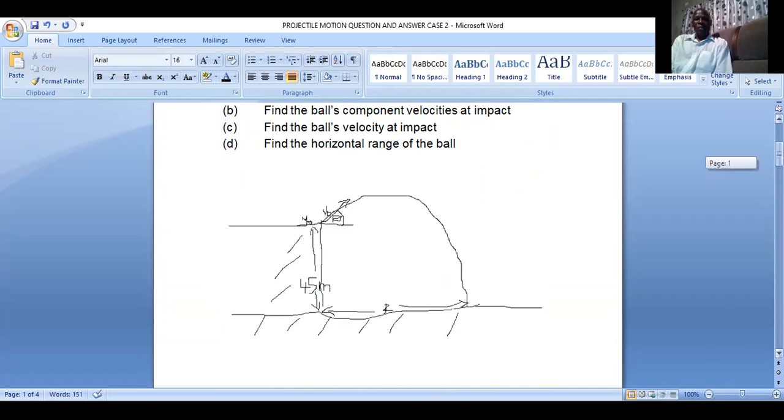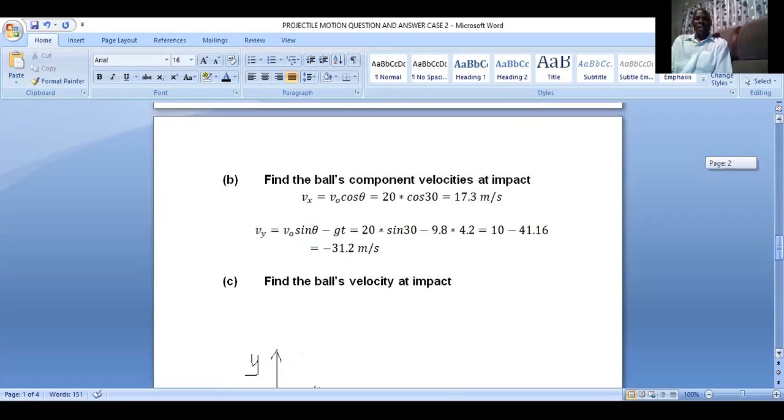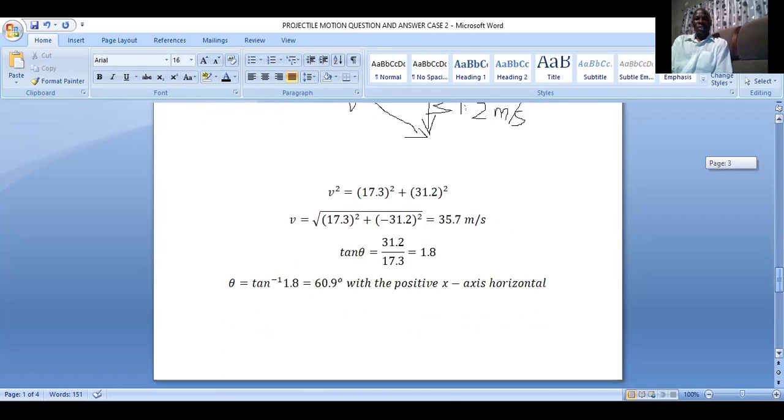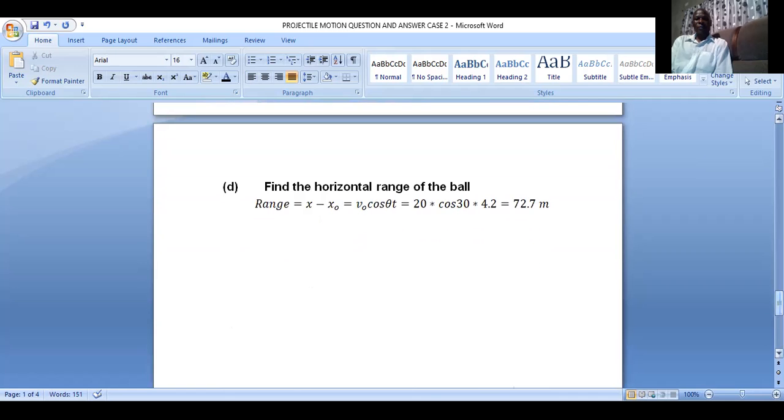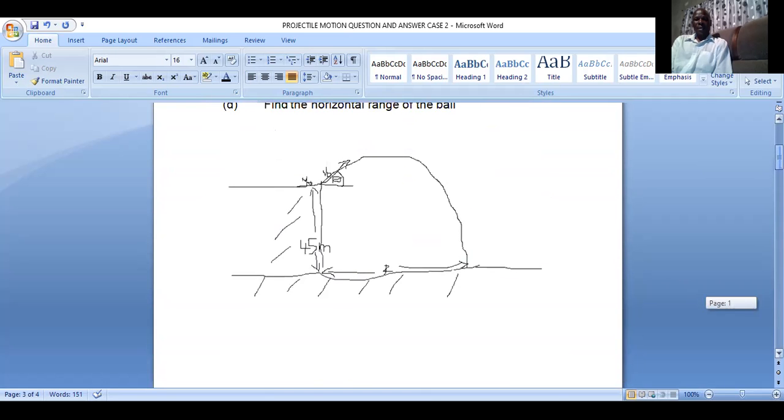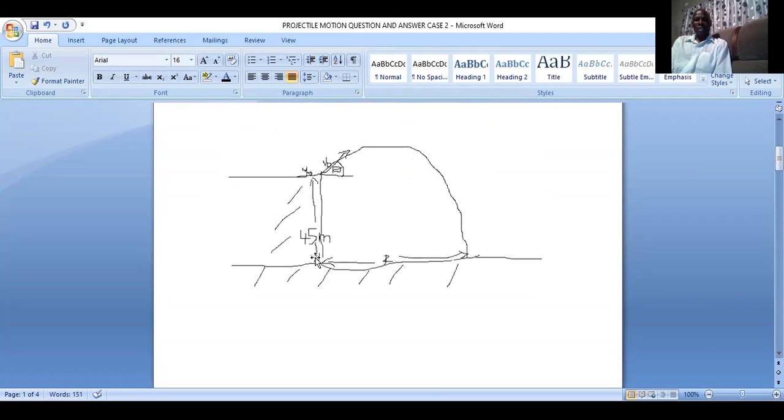And so when you are looking at the range, since the range is all about the movement of the ball in the x-axis, we are using this equation for the x-axis, where we are saying x minus x initial is equal to v initial cos theta times time. The x initial, which you said x0, is this point where it is starting from, and then this is x.